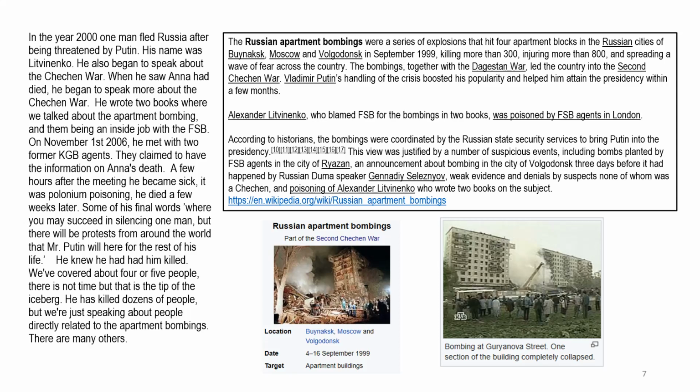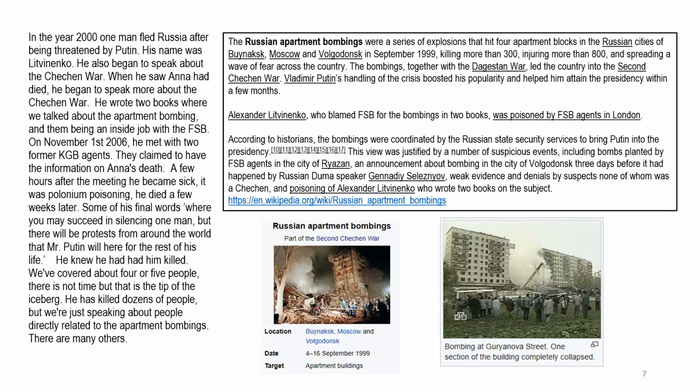So this Russian apartment bombing was a series of explosions that hit 4 apartment blocks in the Russian cities of Buynaksk, Moscow, and Volgodonsk in September 1999, killing more than 300, injuring more than 800, and spreading a wave of fear across the country.